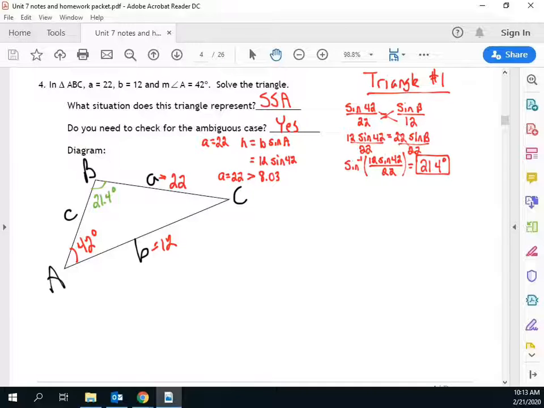Find C. So let's go ahead and find C. How do we find that? What do we do? 180 minus 42. Take 180 and subtract from it those other two angles.